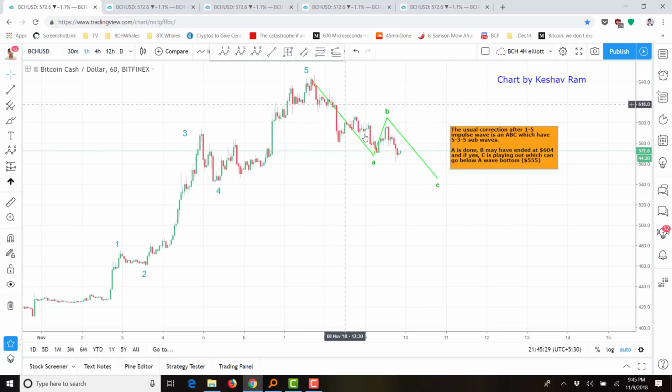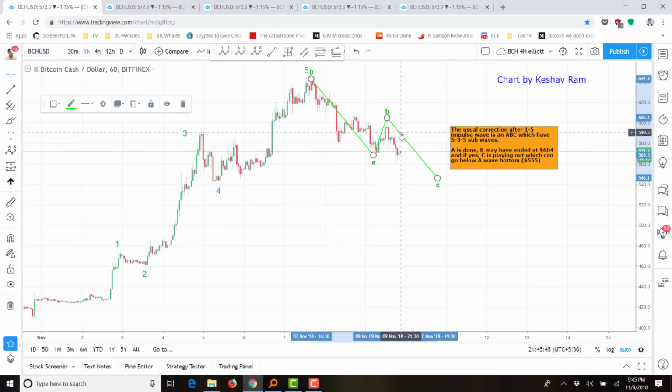And each of this A, B, and C can be further divided into subwaves. So A wave usually has 5 waves, B has 3 waves, and the C wave has again 5 waves, right? So let's try to divide that and see where we stand right now.